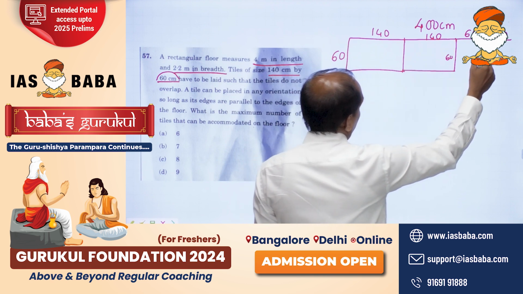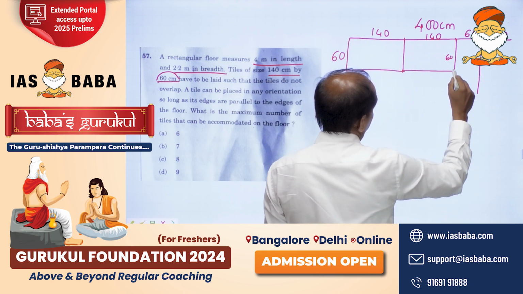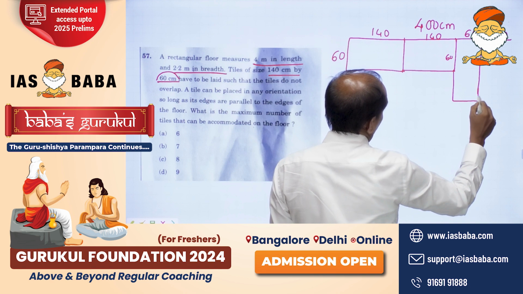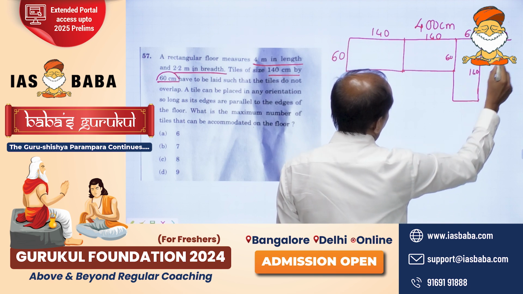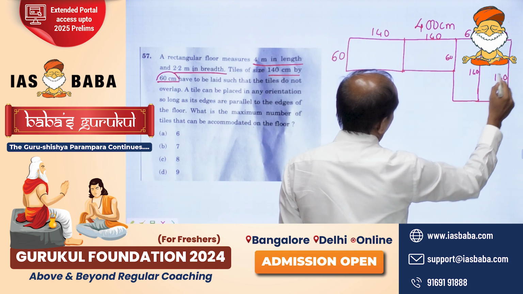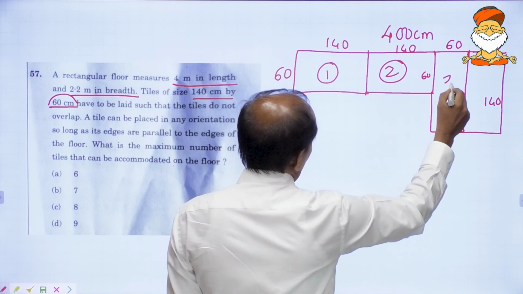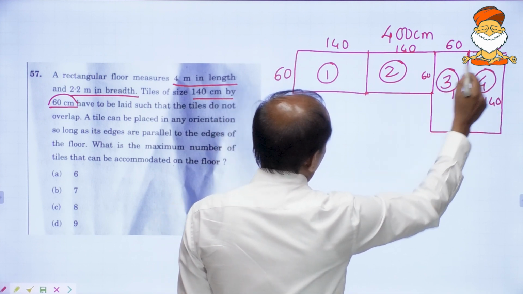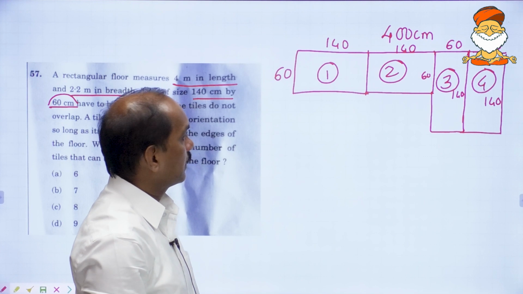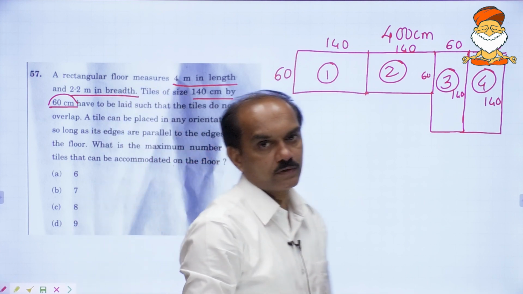But here it should be 140. This is 140 height. Meaning we have already accommodated 1, 2, 3, 4 tiles. I have used only the length of the floor.